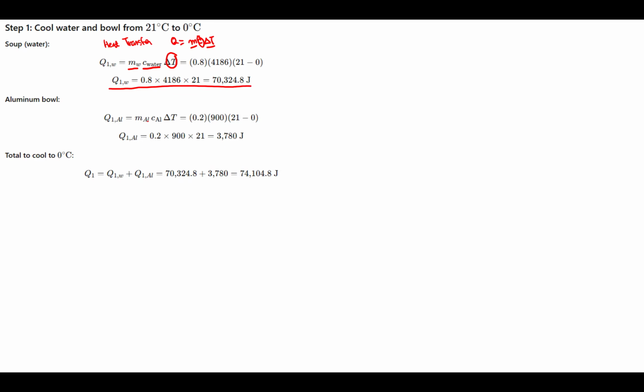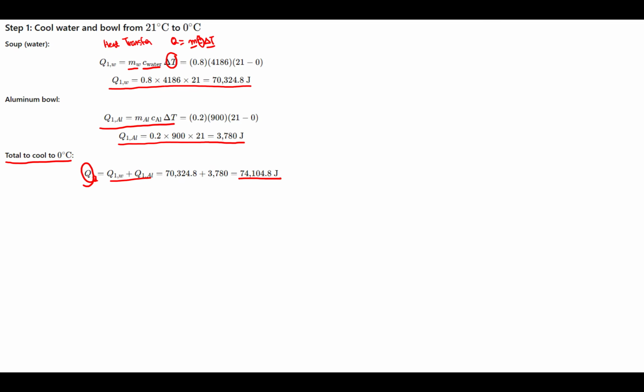The aluminum bowl also follows the same heat transfer, m c delta T, so we get this much energy. So the total energy to cool to 0 degrees C, Q1, is given by this much, in joules.